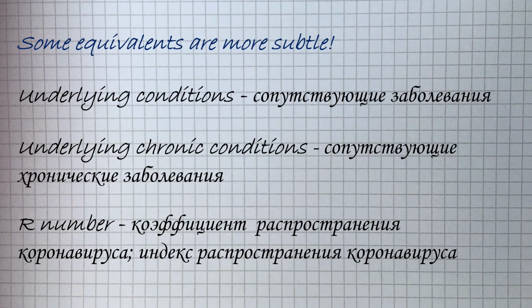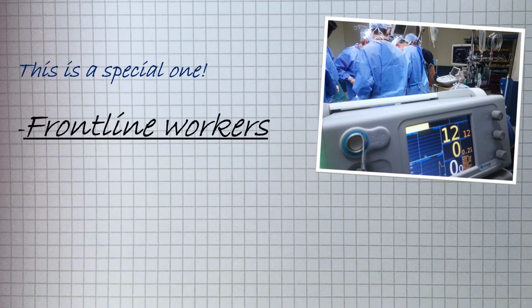Now, the last term I'm going to talk about is frontline worker. I have come across multiple ways of rendering it in Russian. Работник на передовой, sometimes in quotes, sometimes without. Or работник на передовой линии, на первой линии борьбы, медработники на первой линии, волонтеры, исполнители, санитары, социальные работники.